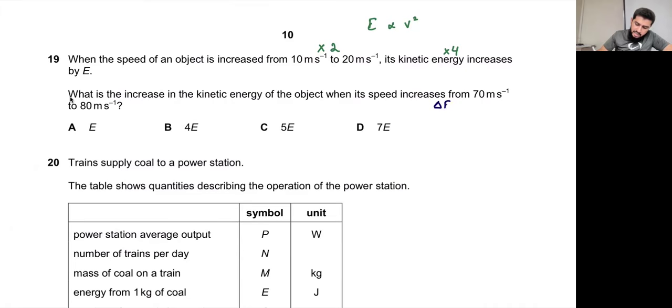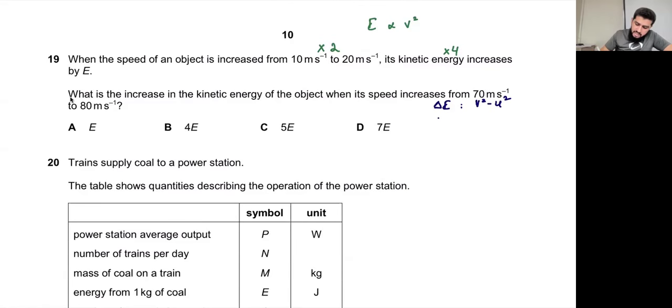Change in kinetic energy. Let's try to do this directly. And there's a lengthier way where you plug in the values and get an answer. Change in energy is directly proportional to v squared minus u squared, from half m v squared minus half m u squared.